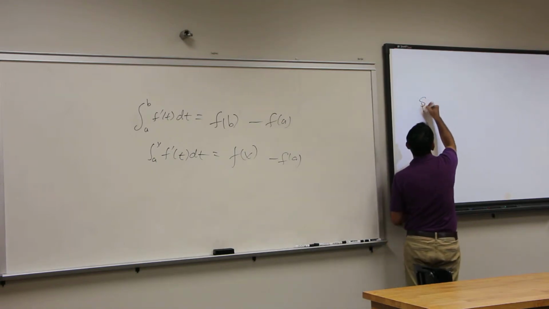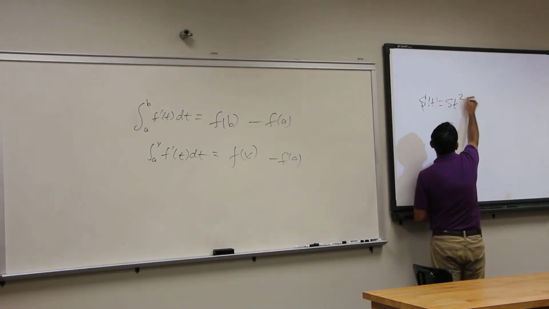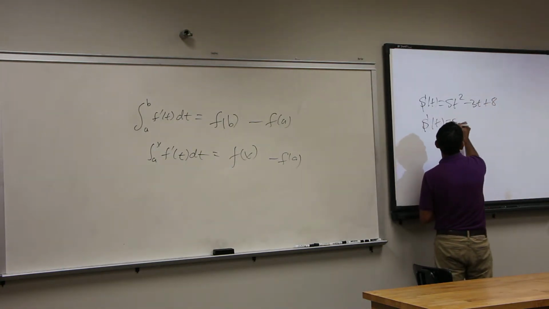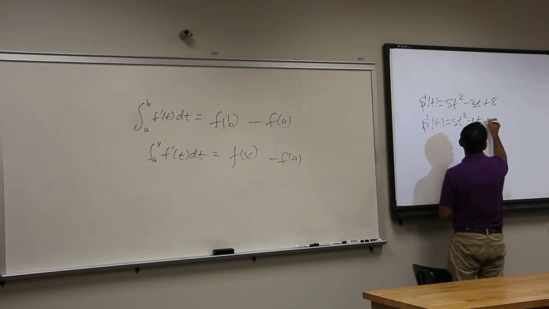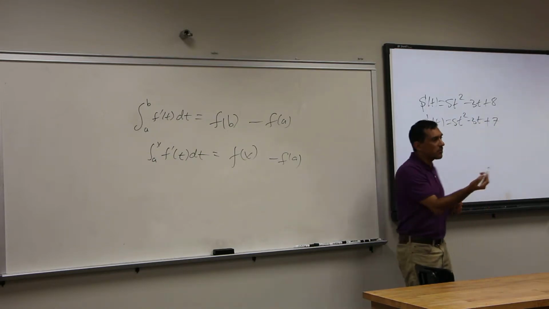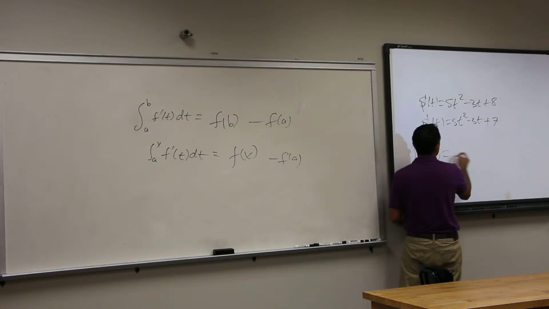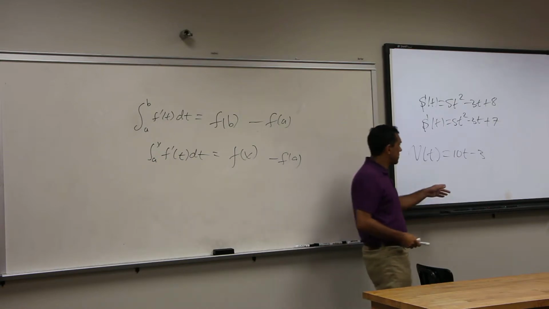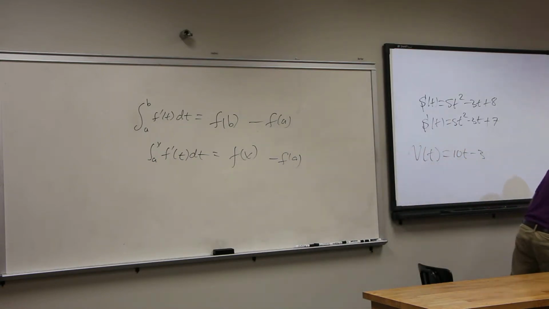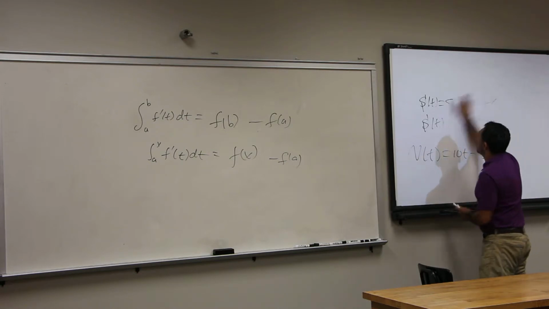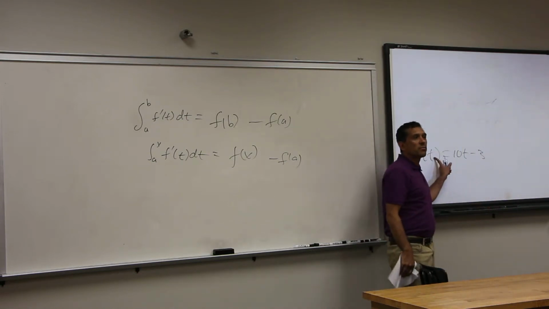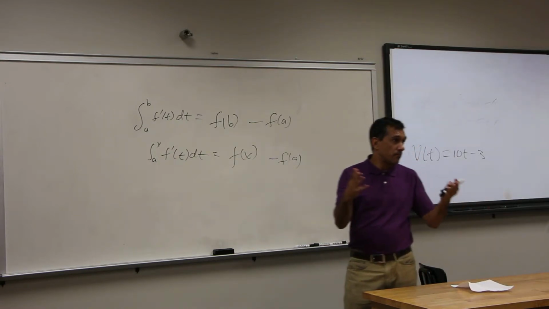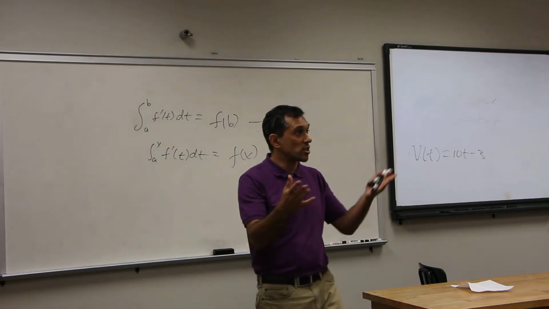You know that these functions both differentiate to the same velocity function. So if somebody says, find the position function, you can say, I can only do it up to a constant.